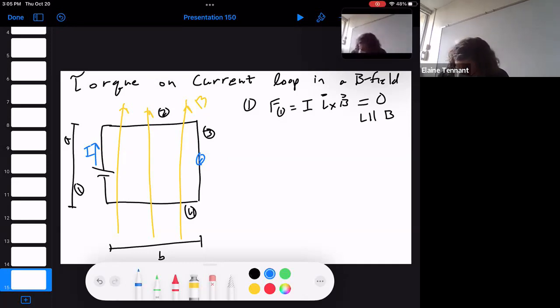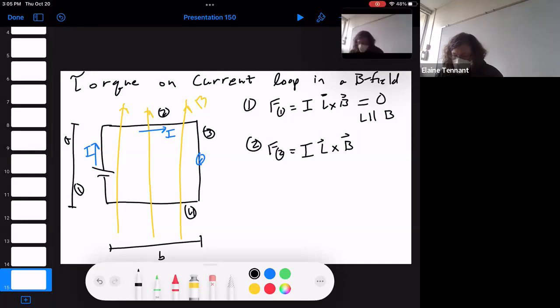Okay, let's do the top, chunk 2. Same current. I have an L, I've got a B. We're not going to be 0 anymore, because now the angle between the wire and the magnetic field is 90. I L B sine of 90.